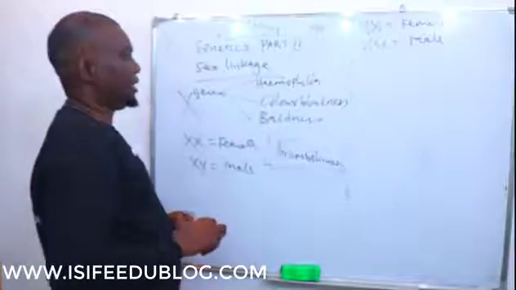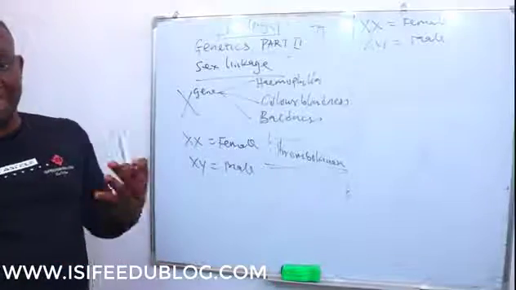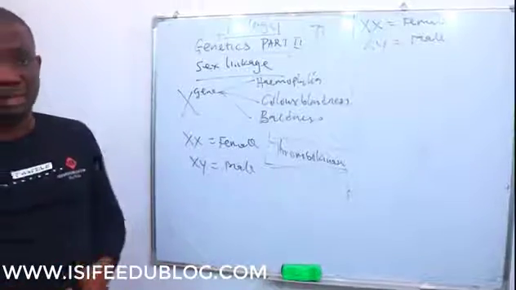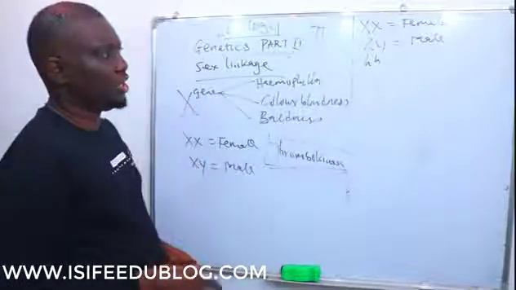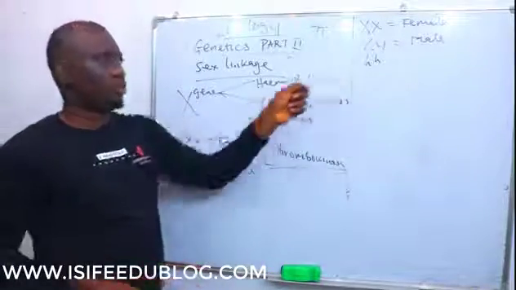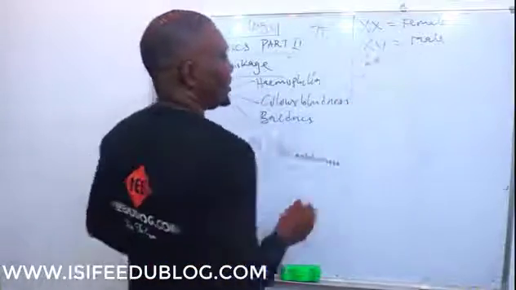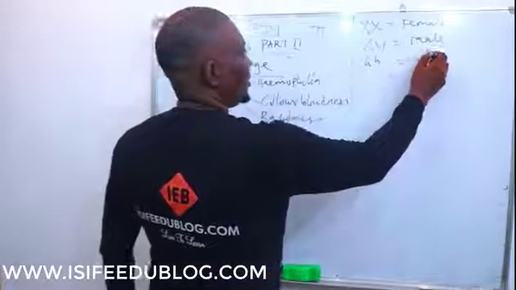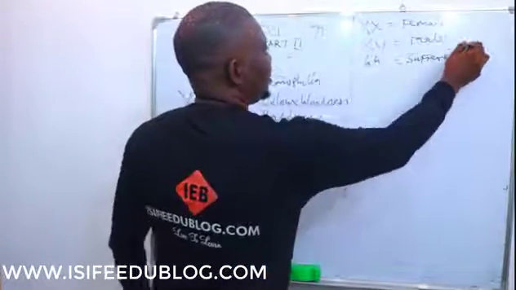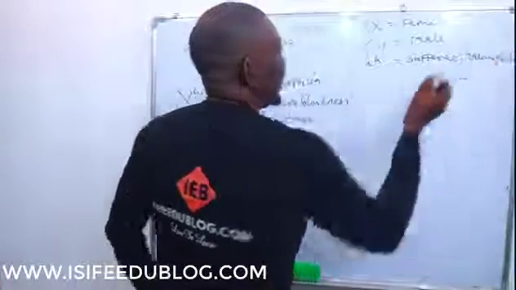Because I just said that hemophilia is controlled by a recessive character, in this case I'm going to be using a lowercase letter. You see this pair of h. Let me use that allele to represent the hemophilic gene. People who have this gene are simply going to be sufferers of the disease, so these people are hemophilic. Whether I like it or not, they are hemophilic.